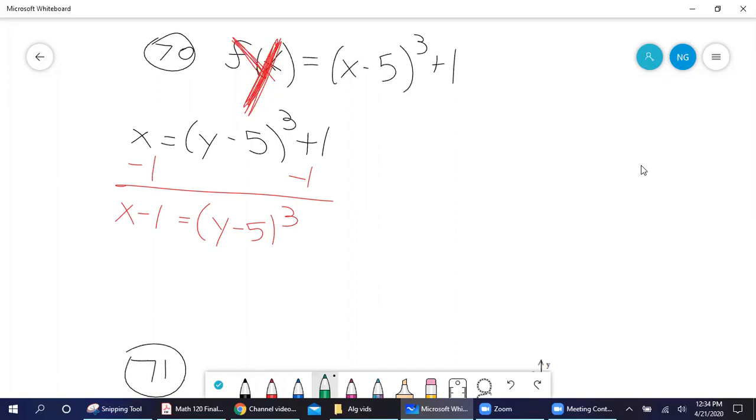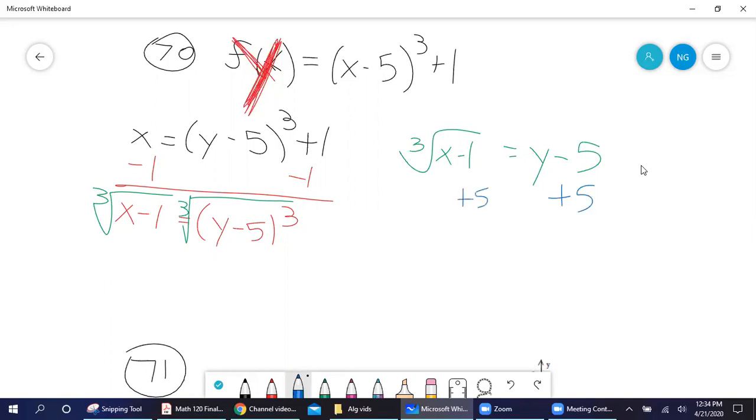The next step would be to take the cube root of both sides. Remember, cube roots, I do not get a plus or a minus. So this would give me the cube root of x minus 1 equals y minus 5. And the final step would be to add 5.